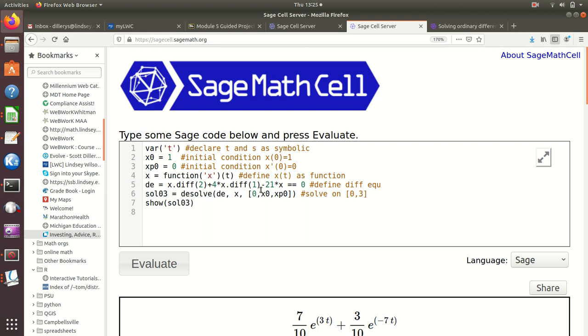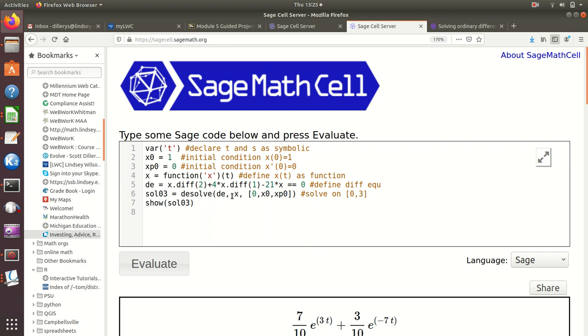Here I define the differential equation, but notice it's 0, because from 0 to 3 this differential equation had a right-hand side of 0. I called it solution from 0 to 3, and I just use dsolve.